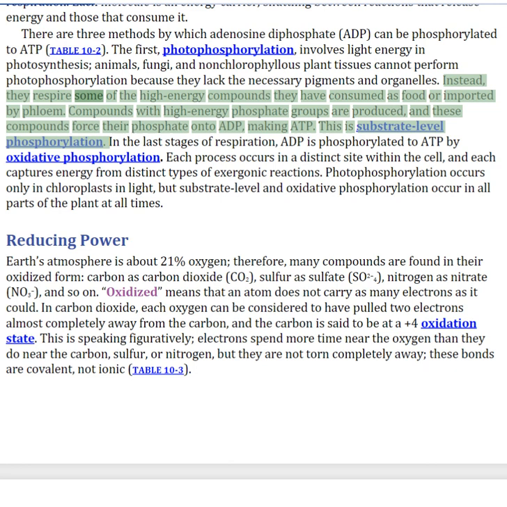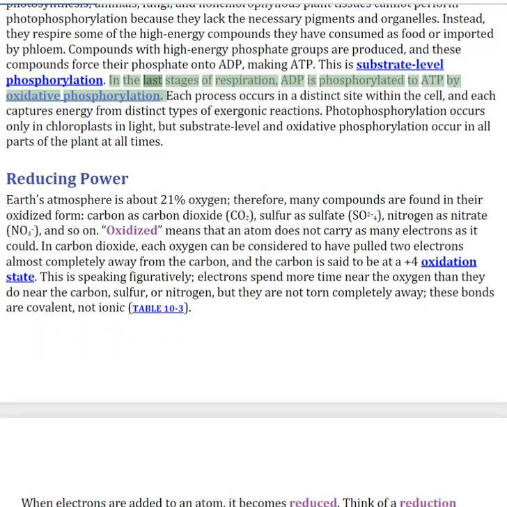Instead, they respire some of the high-energy compounds they have consumed as food or imported by phloem. Compounds with high-energy phosphate groups are produced, and these compounds force their phosphate onto ADP, making ATP. This is substrate-level phosphorylation. In the last stages of respiration, ADP is phosphorylated to ATP by oxidative phosphorylation.